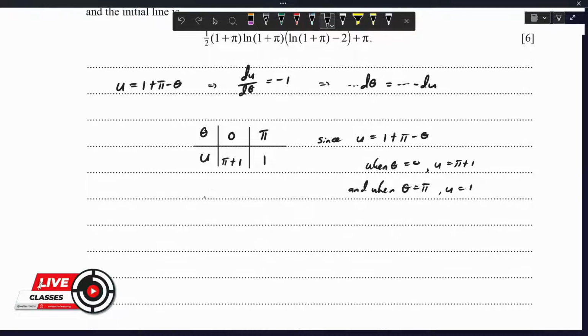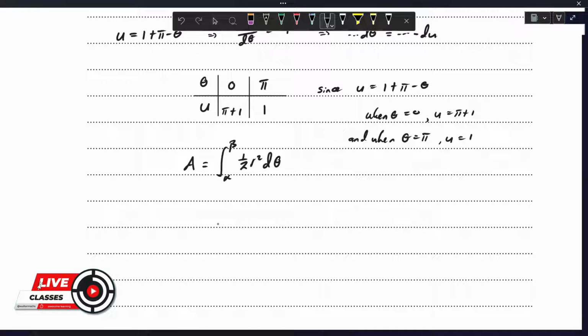All right. So we know that area is found by the integral from alpha to beta of half r squared with respect to theta. And in this particular case, I want you to take note of the fact that this was the lower limit and this the upper, but when we use the substitution and the sign change, this is now the upper limit and this one is the lower limit.